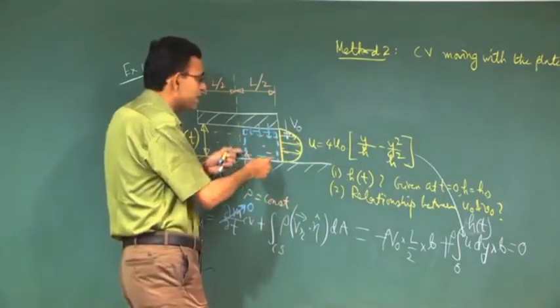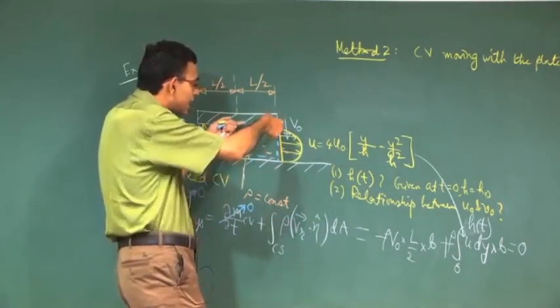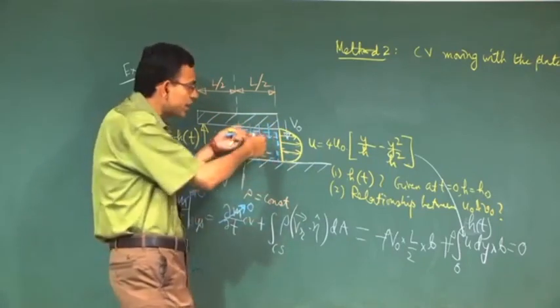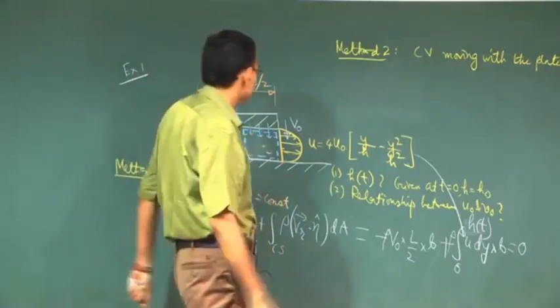So drawing wise it will look similar, but imagine now that as the plate is moving down, this dotted box is shrinking in size.